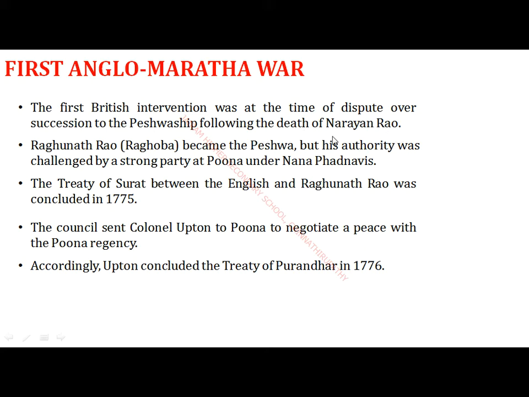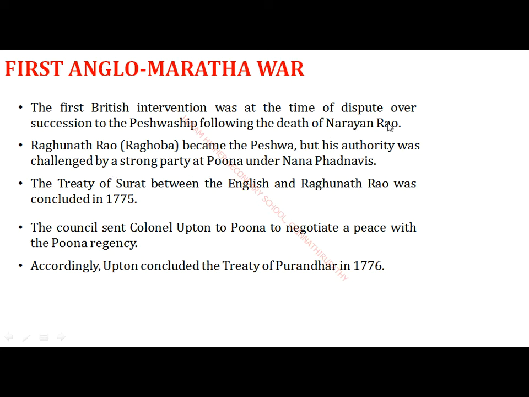Narayan Rao, who is Narayan Rao? Narayan Rao was a Peshwa during the period when the Britishers were planning to rule. After the death of Narayan Rao, the problem arose. What is the problem? To capture the throne of Narayan Rao. So for that Raghunath Rao, known by his surname as Raghuba, became the Peshwa, but his authority was challenged by a strong party.